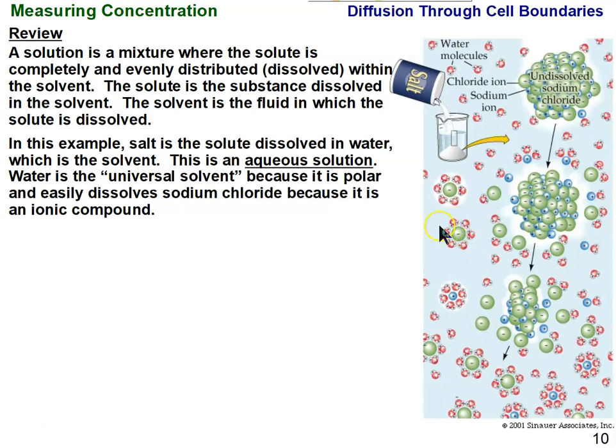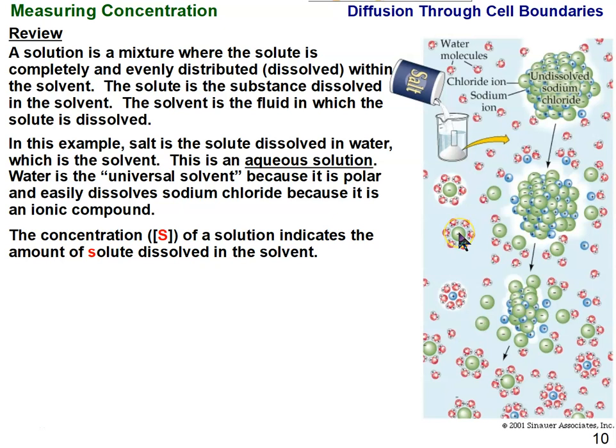It's completely surrounded by water molecules. And the same with the sodium ions. They get completely surrounded by water molecules. And if you look closely, you can see that the water molecules are turned in a different orientation depending on the charge of the ion. So sodium is positively charged and chloride is negatively charged, and the water molecules are orienting themselves differently because of that.